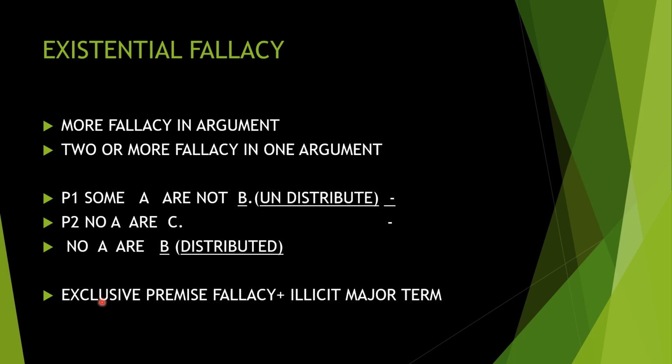We call it exclusive premise fallacy. So two fallacies come here: illicit major term fallacy and exclusive premise fallacy. If two or more fallacies come, we call it existential fallacy. I think now you are clear about it.